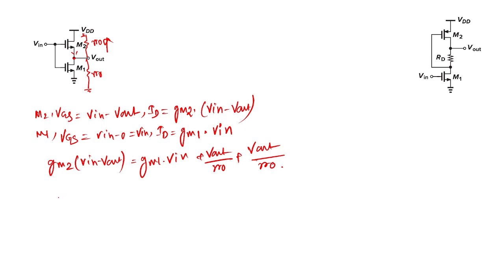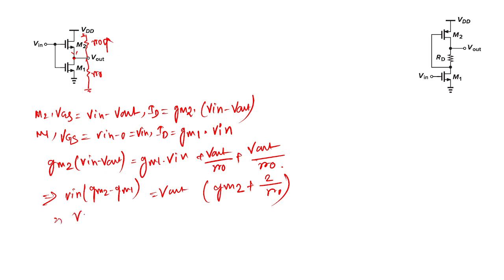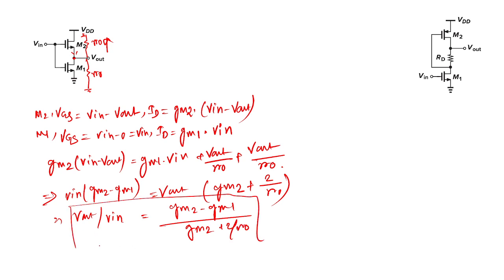So take Vin common here, which is gm2 minus gm1, and Vout common here, it becomes gm2 plus 2 by RO. So Vout by Vin becomes gm2 minus gm1 by gm2 plus 2 by RO, is the value of the voltage gain here.